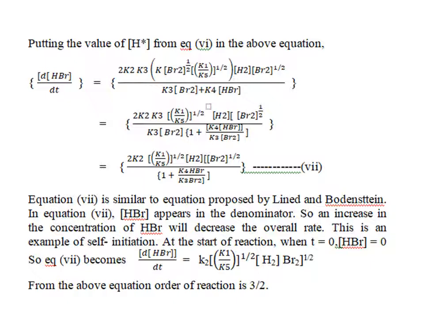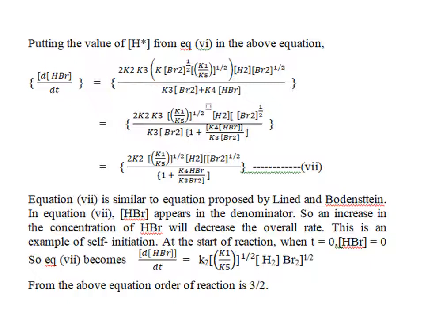K2 Br2 concentration. Now rearranging this equation, we will get 2K2 into K1 over K5 under root H2 concentration into Br2 power 1 by 2 concentration over 1 plus K4 HBr over K2 Br2 concentration, that is equation number 7.